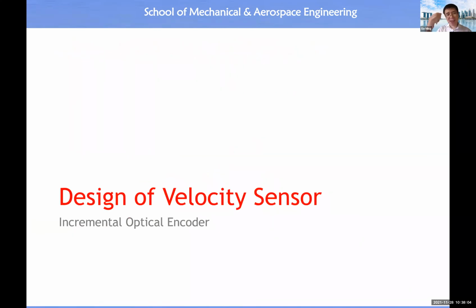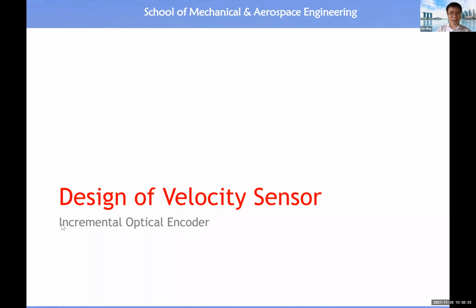And then how about the velocity sensor? You remember, for motion-related physical quantities, we could identify position, velocity, acceleration, and force and torque. So we want to know how to design a velocity sensor. Here I use this example as a case study for you to know the background knowledge behind the design of a velocity sensor.